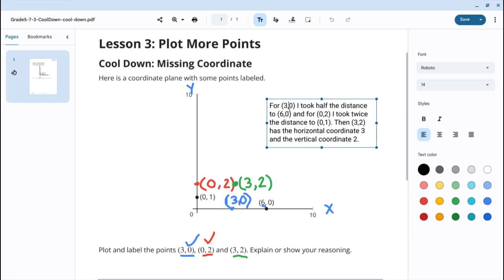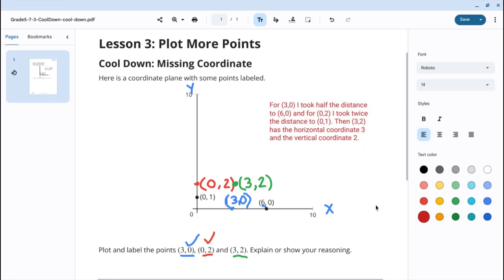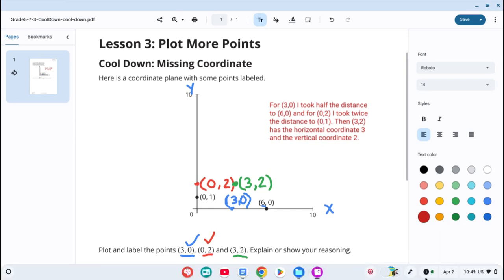So in this way, boys and girls, I have given my explanation, and my explanation really cites these specific points that are on the grid. Because in this cool down, that's really what my objective is: to be thinking about where these points exist in space and using the grid almost like a map to communicate the movement.